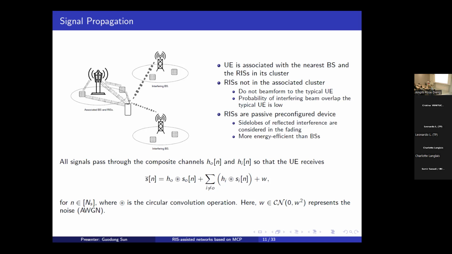In addition, we know RISes are passive reconfigurable devices. So we neglect the side lobes, not the main beam, the side beams. And because it's passive, we think it's more energy efficient than base stations. That's a key difference between base stations and RISes. There are multiple paths, right?